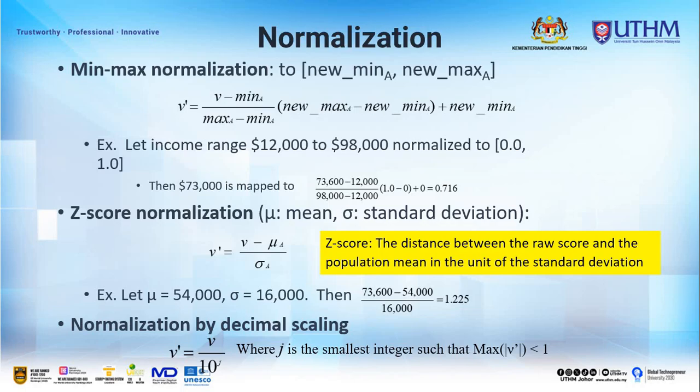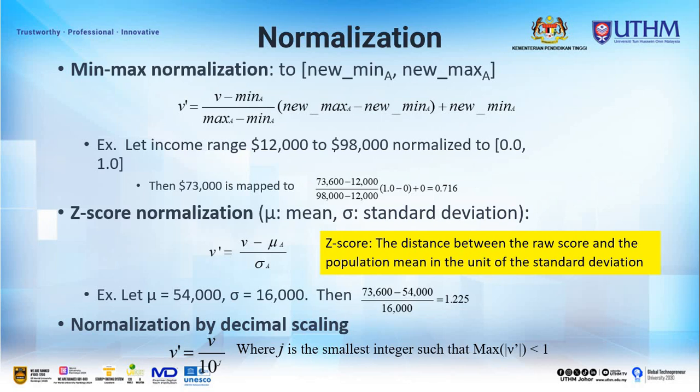Okay, for min-max normalization, there's a formula you can see there. It typically scales the data to a specified range from 0 to 1, or any desired interval from new minimum value to new maximum value.